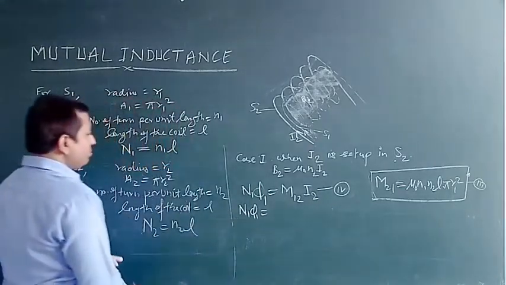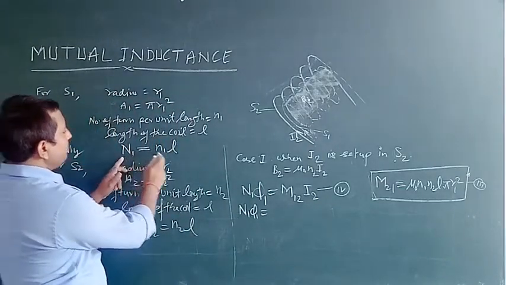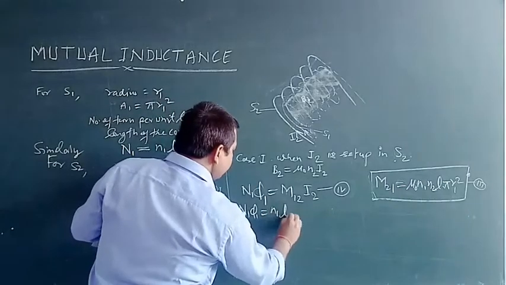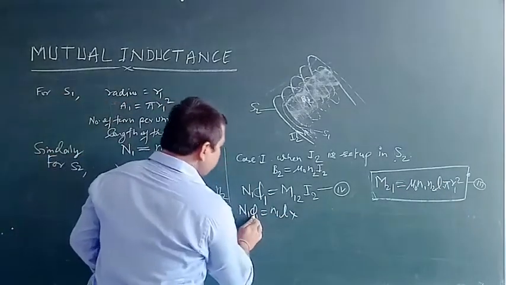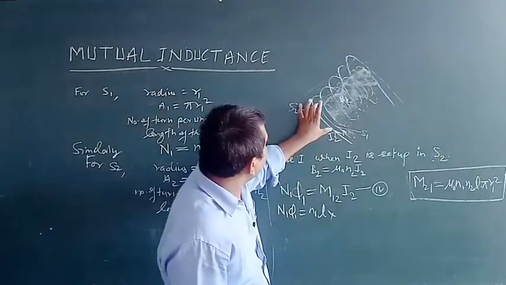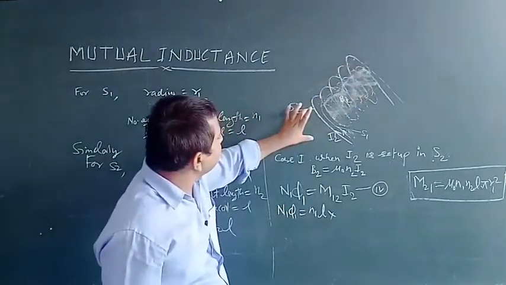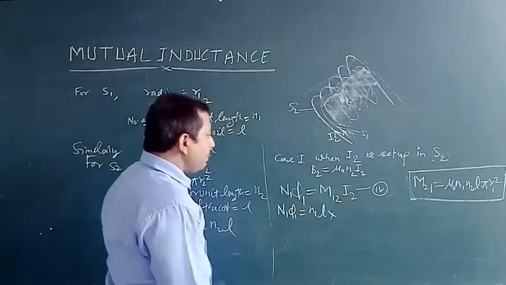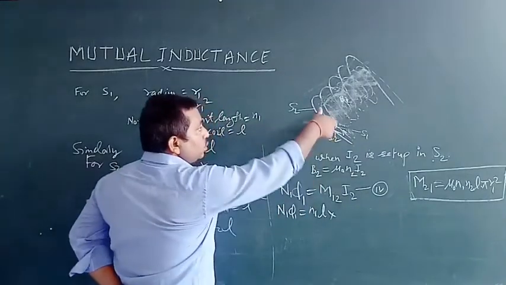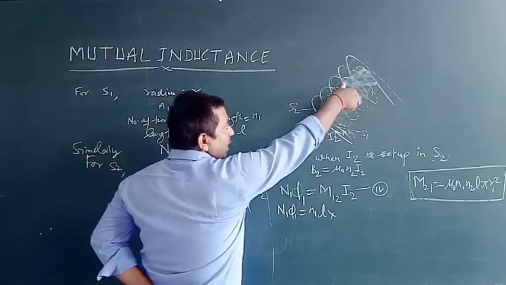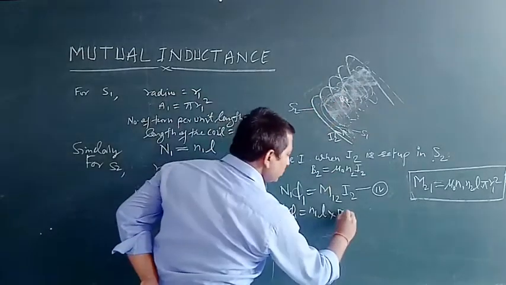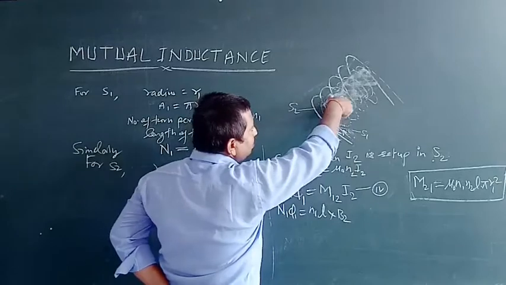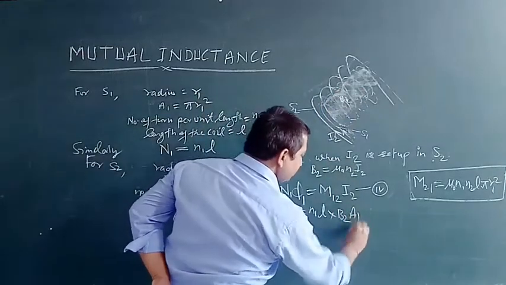What is the value of N1? From here, N1 is equal to N1 L. And phi 1, what will be the value of this phi 1 across the first coil? So phi 1 means the total magnetic flux inside the first coil, and the magnetic field inside the first coil is B2, and the cross-sectional area of the first coil is A1.